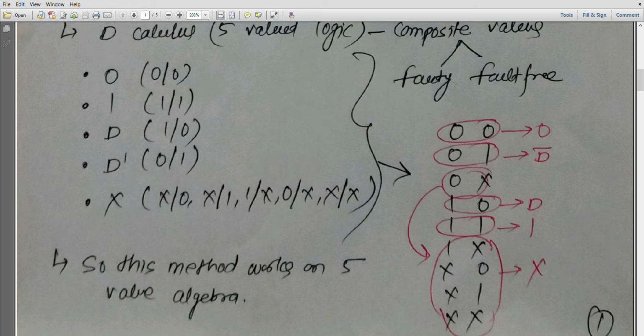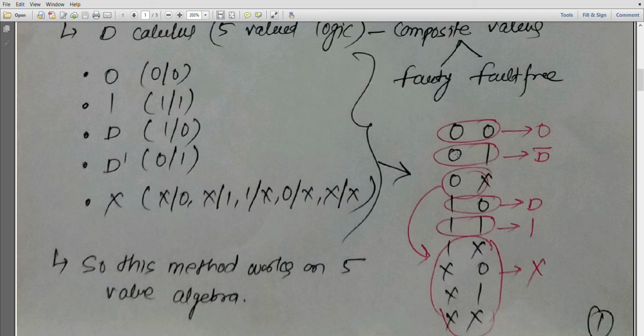So if a faulty output is 0, the fault free output may be 0. Or you can say if the faulty line has logic 0, the fault free line may have logic 0. We are discussing the combinations, we are discussing the possibilities. Okay. Similarly, if a faulty output is 0, the fault free line may be 1.